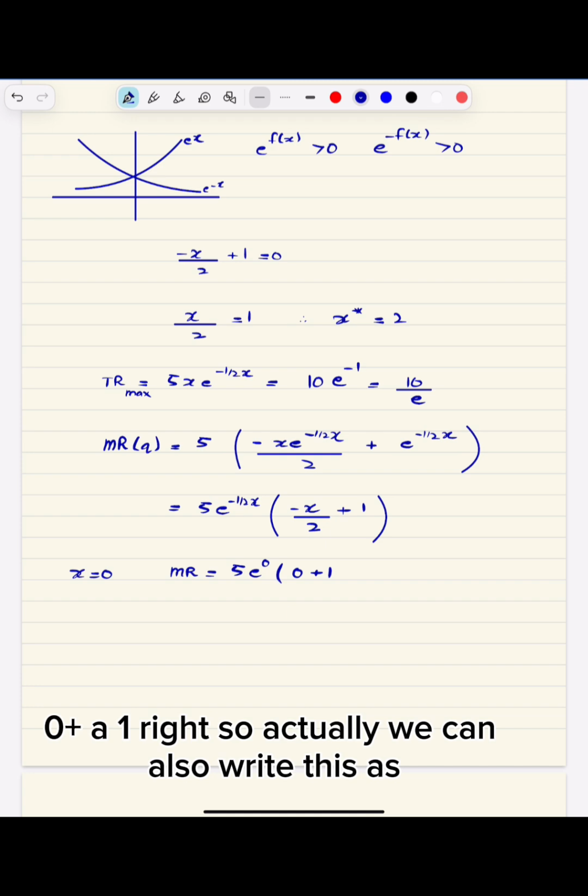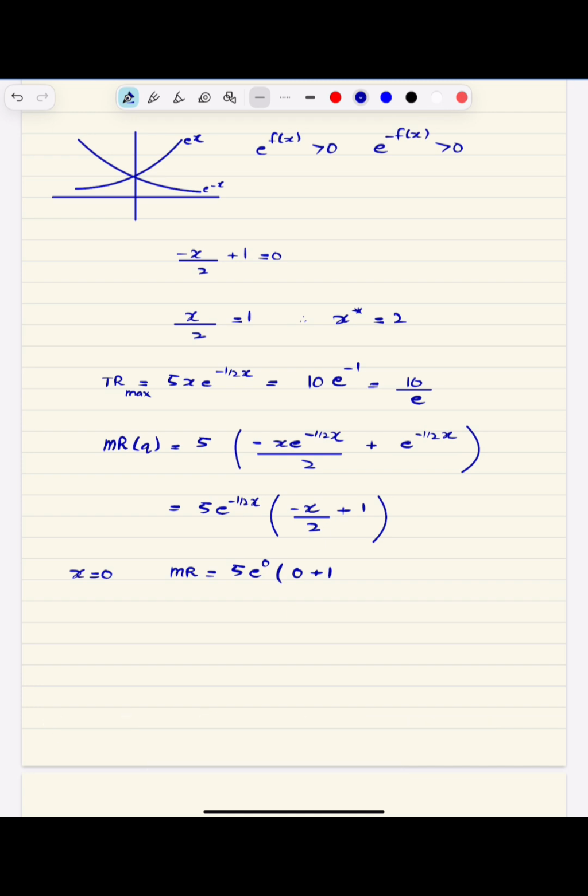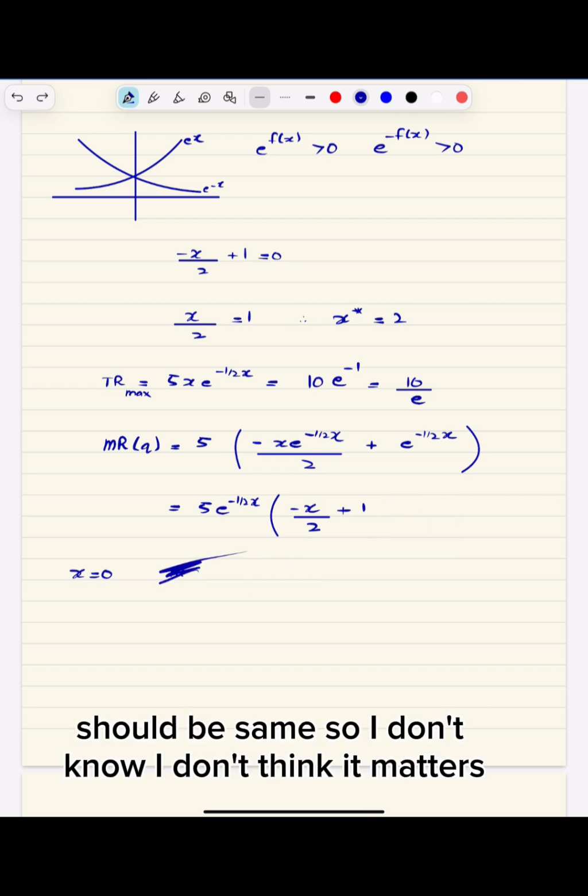So actually we can also write this as 5 over 2. But the answer should be the same, so I don't think it matters.